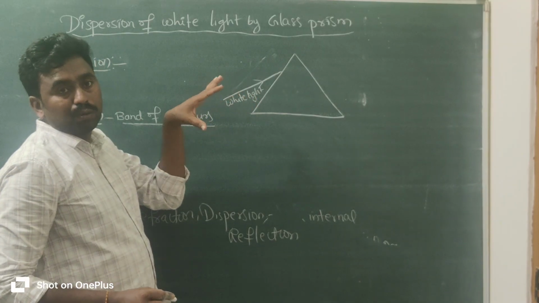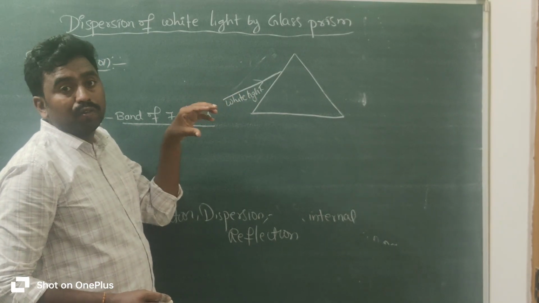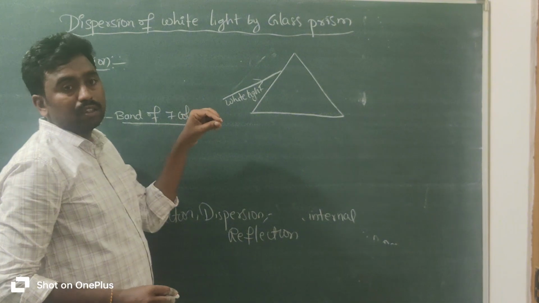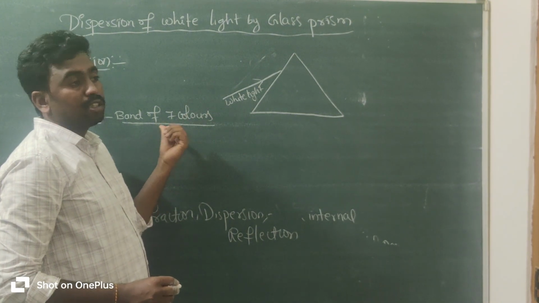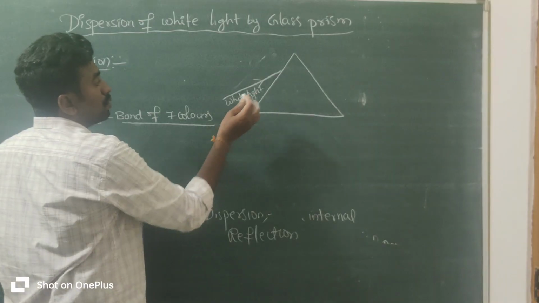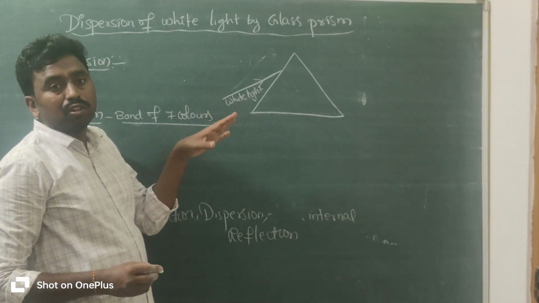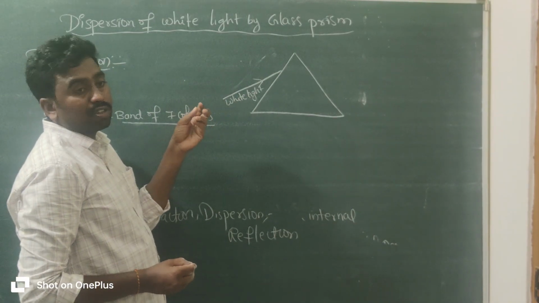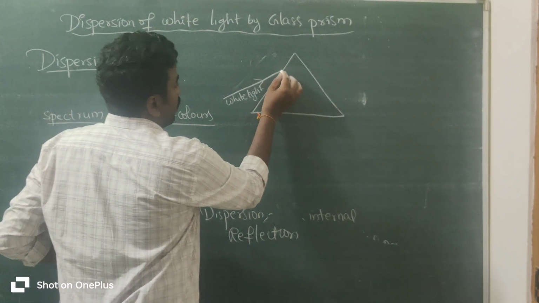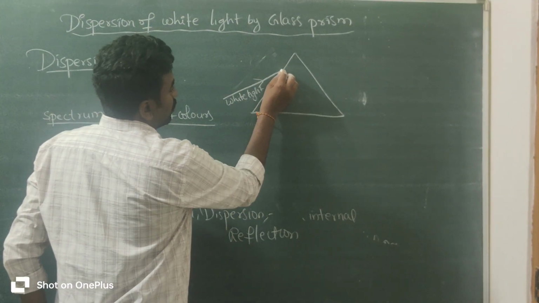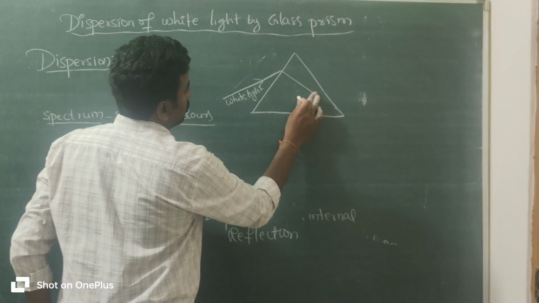It travels through different paths, and each path is unique. It forms VIBGYOR, a band of colors called a spectrum. So it forms different colors based on the angles, and this white light is splitting into 7 colors.